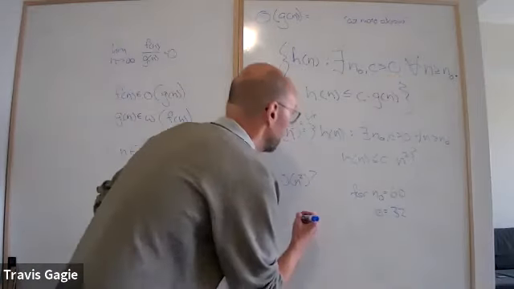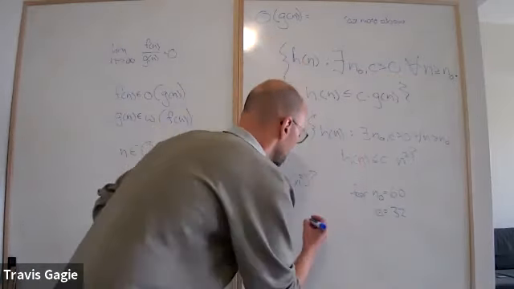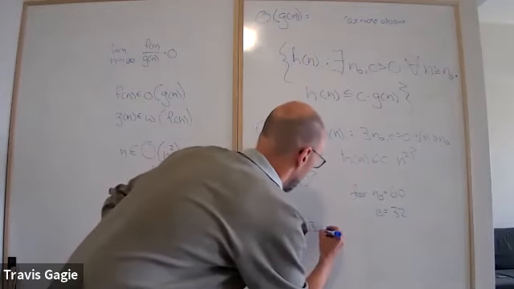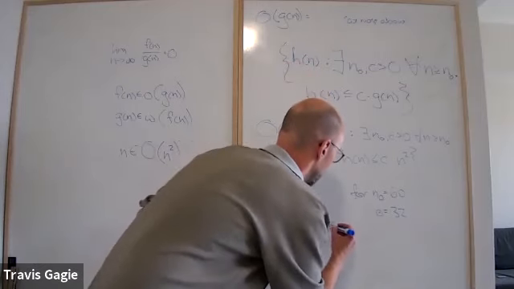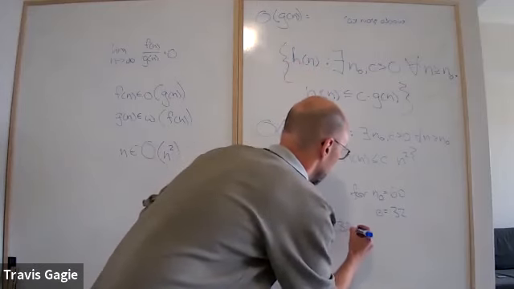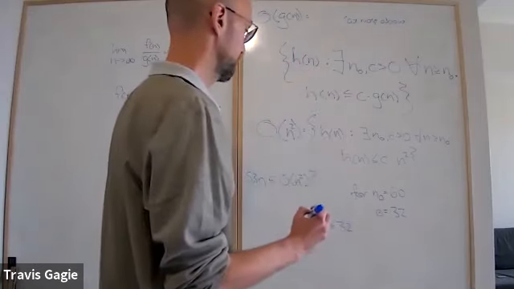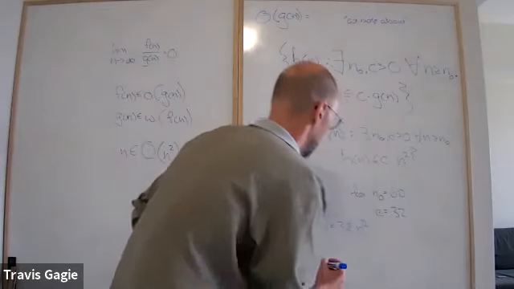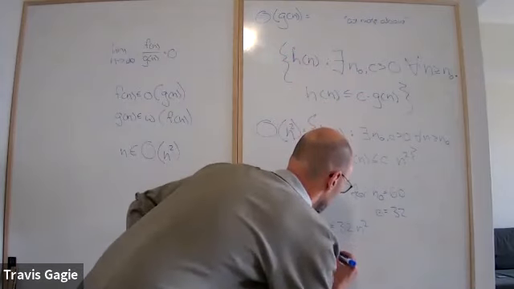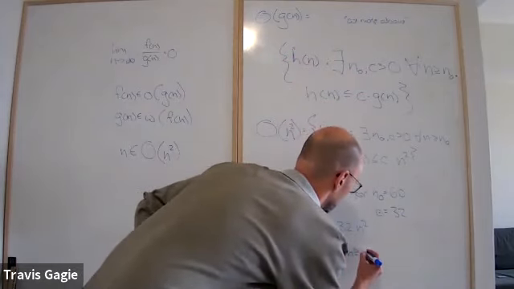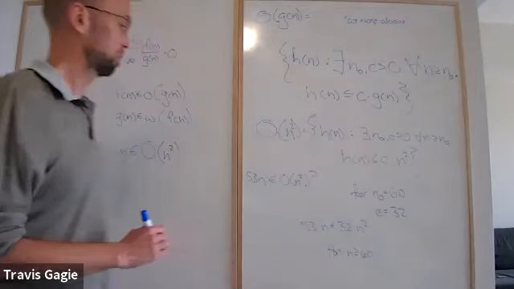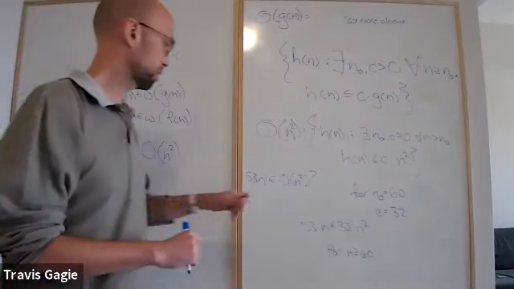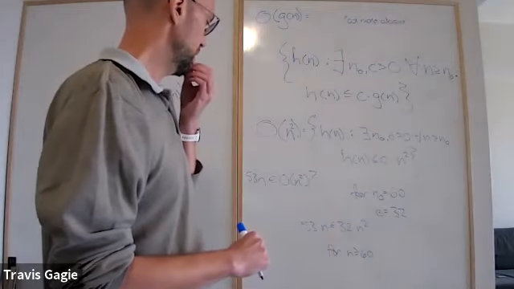Do we have 53 times n is less than or equal to 32 times n squared for n greater than or equal to 60? Yeah, I think so. Just a second. 60, yeah, this is true.